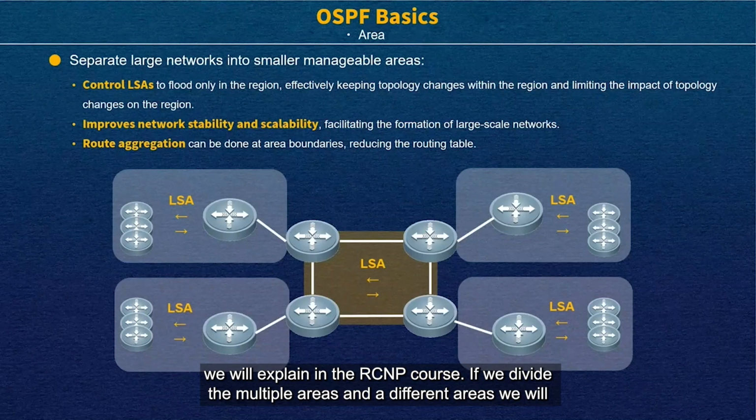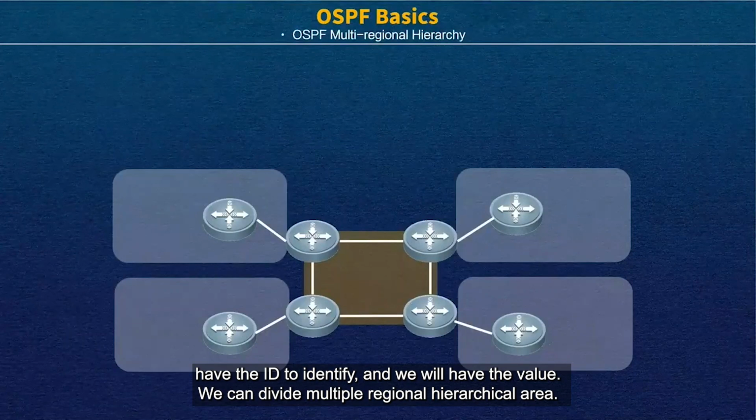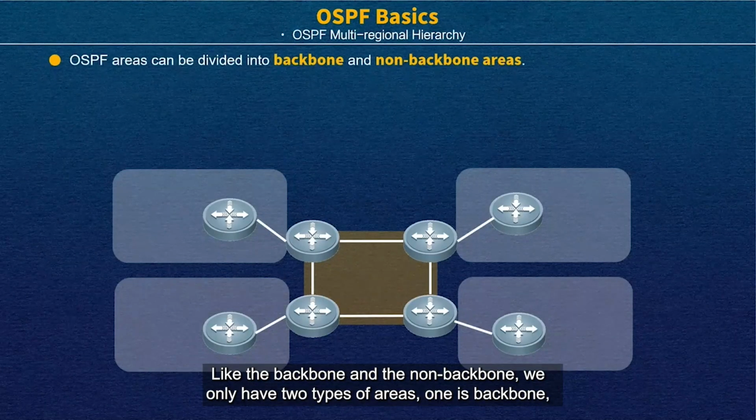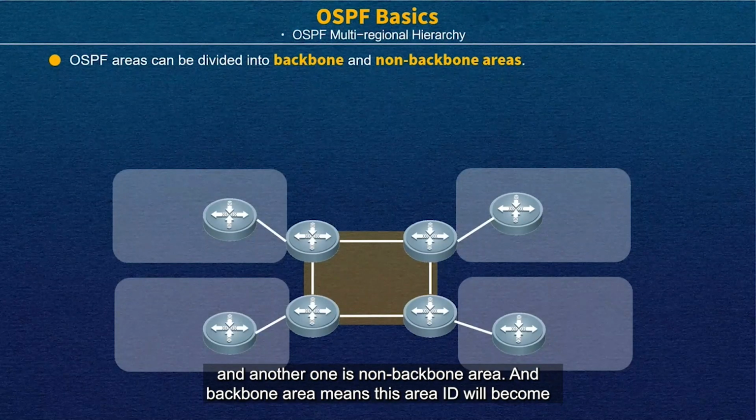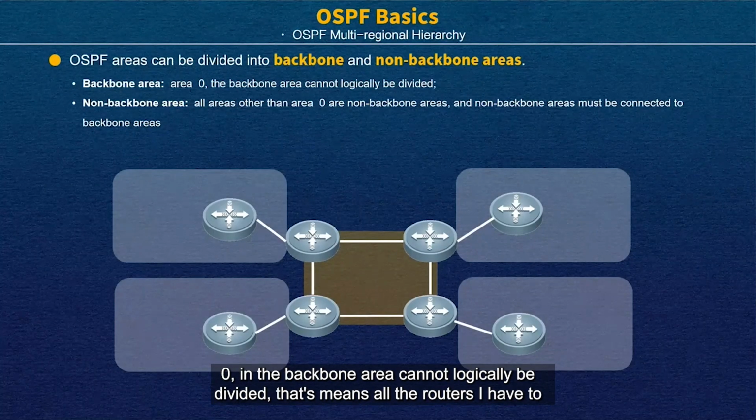If we divide into multiple areas, we will have an ID to identify each one. We can divide into multiple hierarchical areas, like the backbone and the non-backbone. We only have 2 types of areas: one is the backbone and the other is the non-backbone area. The backbone area means the area ID is 0.